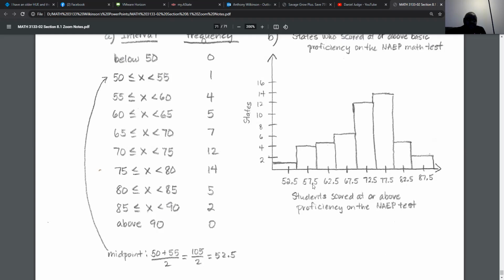And notice there are ways you can get these other midpoints here, because if you look at the distance from these two upper endpoints, that's 5. So if I take 52.5, add 5 to it, it's 57.5. Add another 5 is 62.5. Add another 5, that's 67.5, and so on.